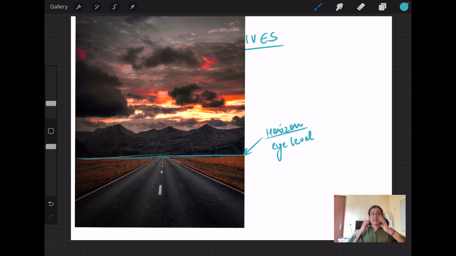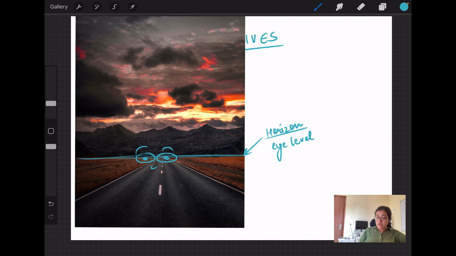Suppose I am looking at something from the front, directly in front of me, in the center. That's my eye level. That means my head is somewhere here, and my eyes are on this level only. So that eye level is termed the horizon.